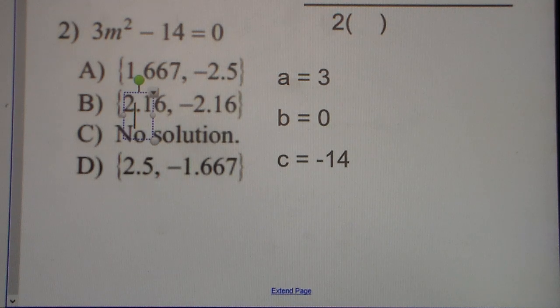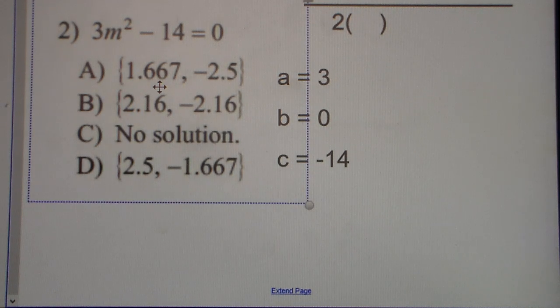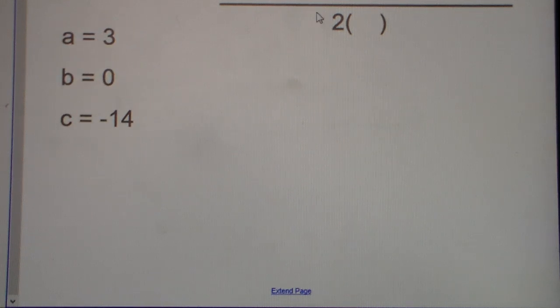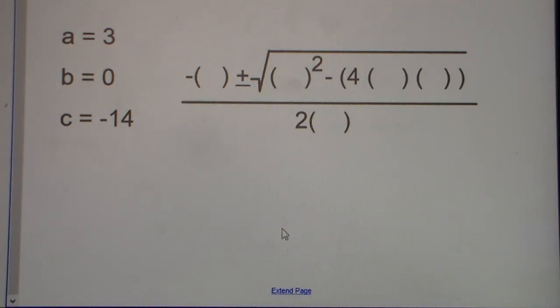Once I got my a, b, and c, I'm going to get rid of that problem so it's a little bit easier to see. I use my quadratic formula, and I'm going to plug them in. It's minus b, so that's a minus 0, plus or minus b squared, well that's a 0, minus 4a, 3, our a is 3, and then c is negative 14.